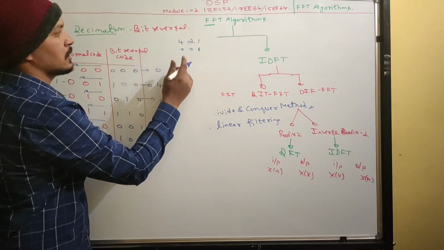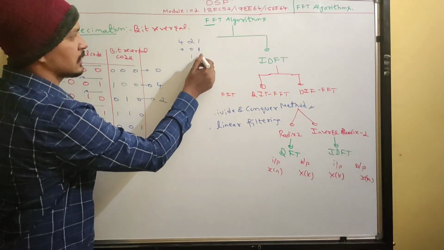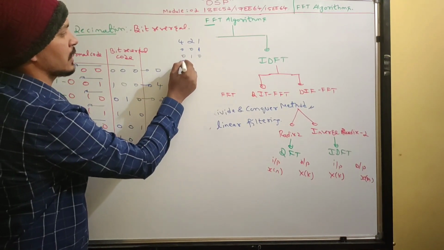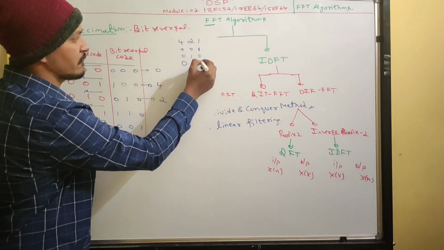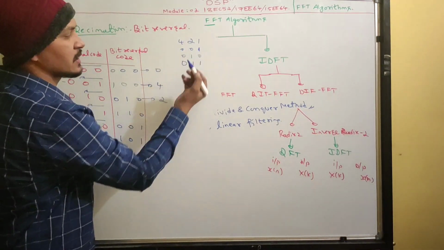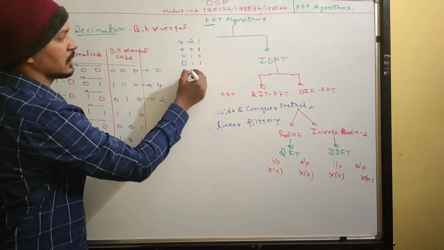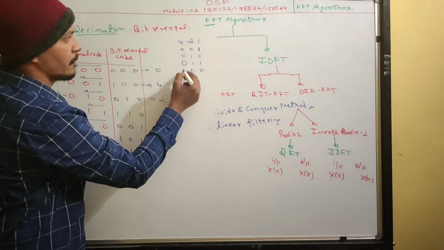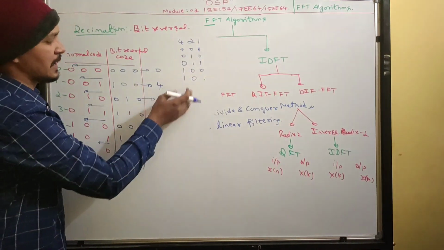If you need 2, put 1 for that position and write 0 for the others. If you need 3, consider these two numbers, 2 and 1, and put 1 for those two, so 2 plus 1 is 3. If you need 4, select only this and put 1 for that. If you need 5, 4 plus 1, put 1 for these two numbers and write 0 for the others. Like this we should write.